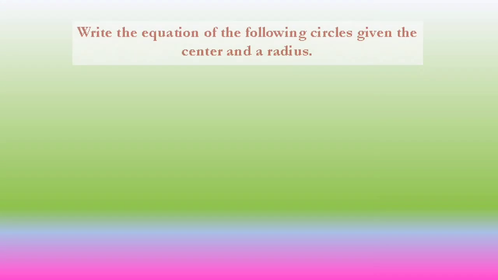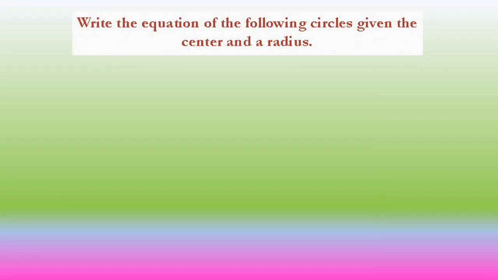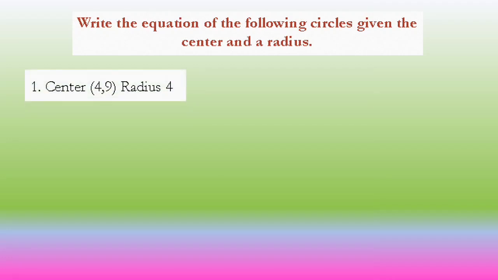For this particular slide, we are going to write the equation of the following circles given its center and its radius. So here we have the center which is at (4, 9) and the radius which is equal to 4. As we all know, we have here the standard form of the equation of the circle given (h, k) as its center.